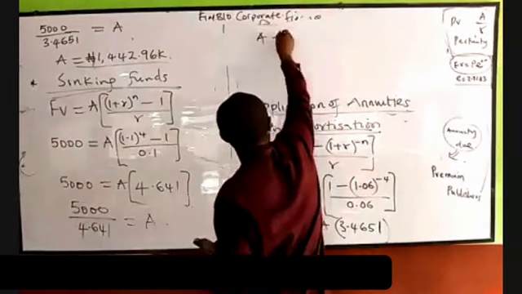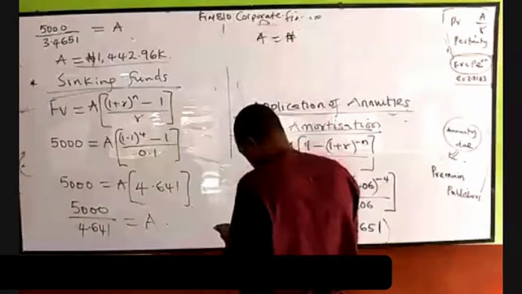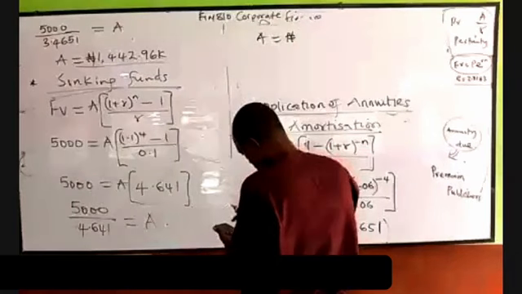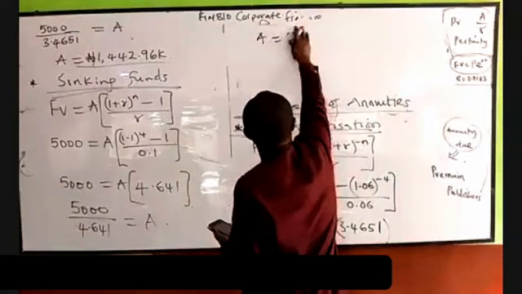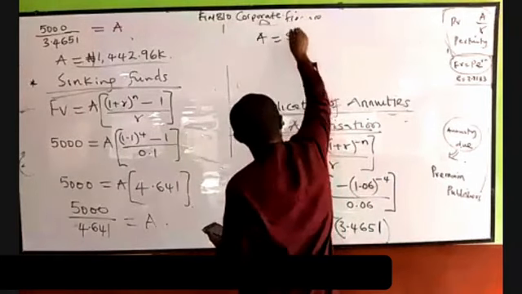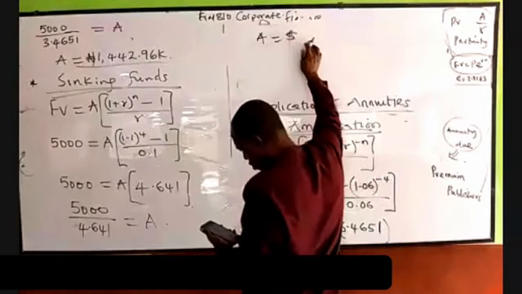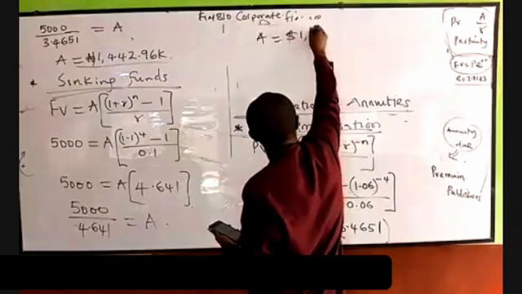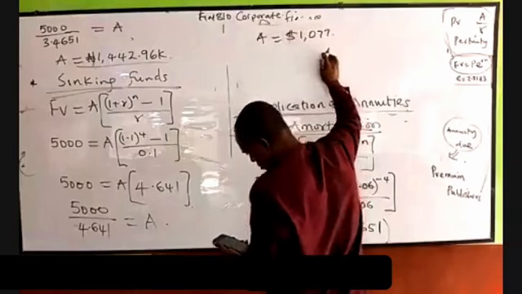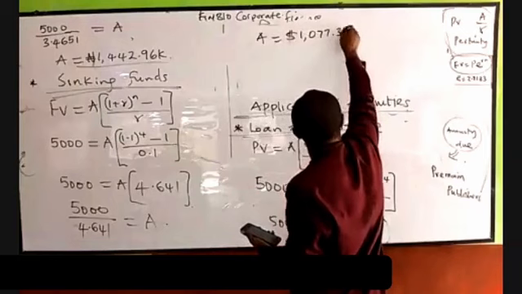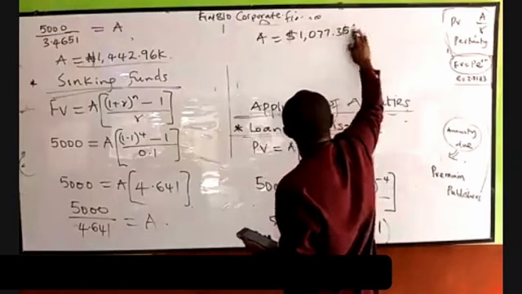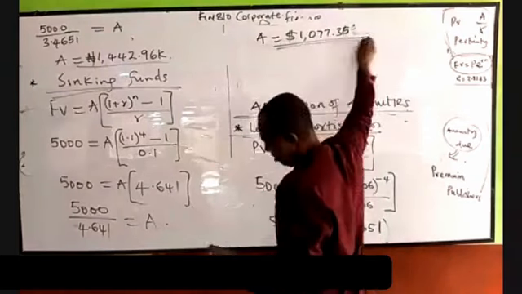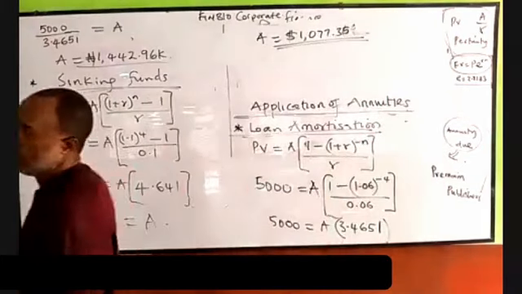Somebody dividing for us, who has done that? We should have $1,077.35. Is it correct? Good. We'll have it like this. Any questions?